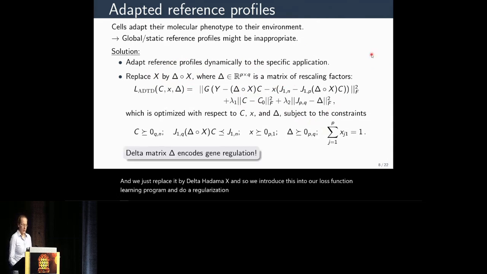The only thing important here is that you have to keep in mind the delta matrix encodes gene regulation. I start with a delta matrix of 1s, and if for cell type I and gene J the value is above 1, then in this cell type the gene J is upregulated. When it's below 1, it's downregulated.